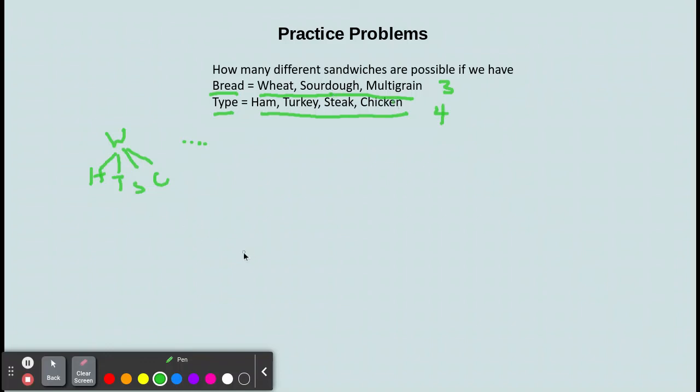Or you can use the fundamental counting principle, which says the first event's possible outcomes times the second event's possible outcomes should give you the total number of possible outcomes. So what is that?